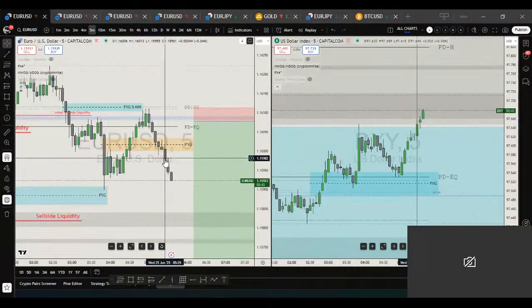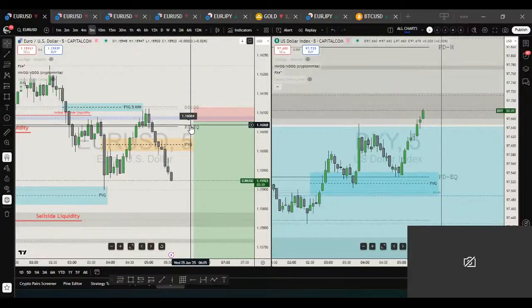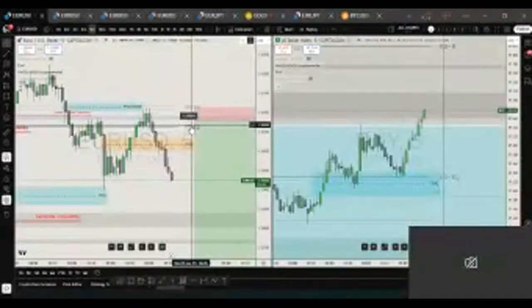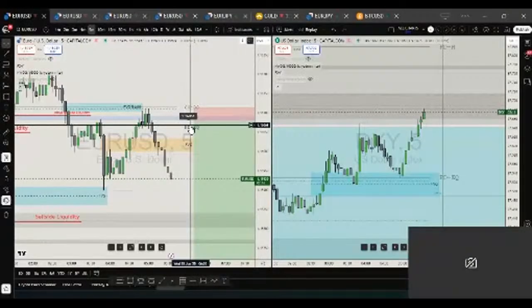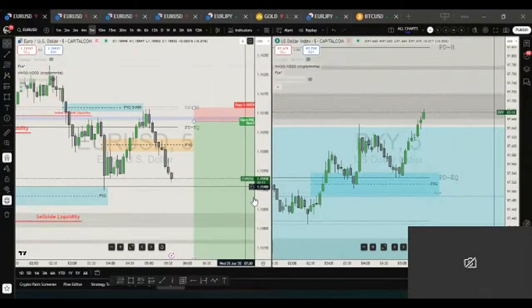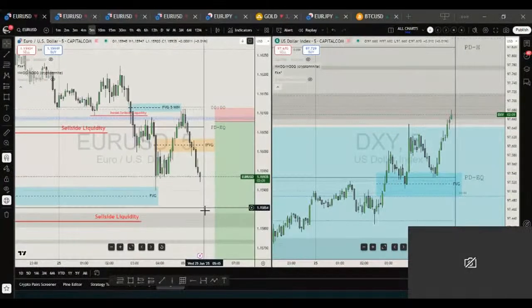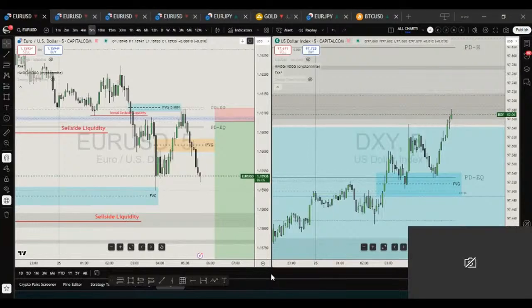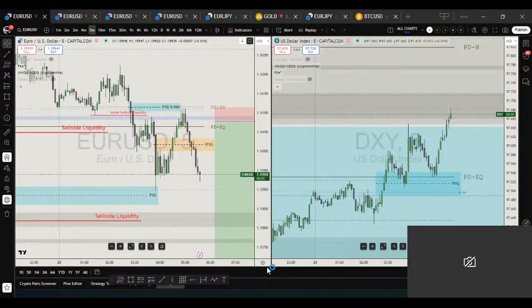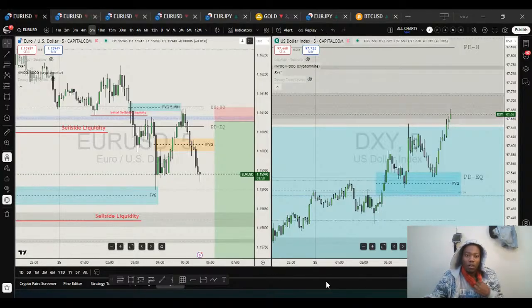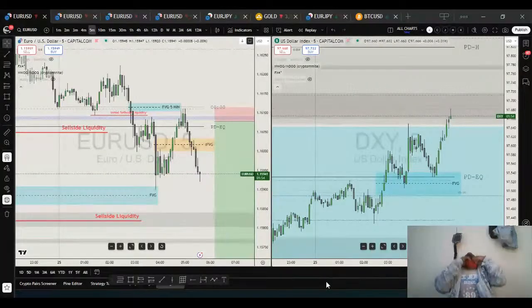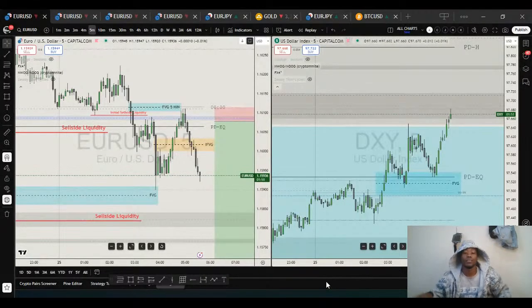This inverted fair value gap. Here is the inverted fair value gap, right?